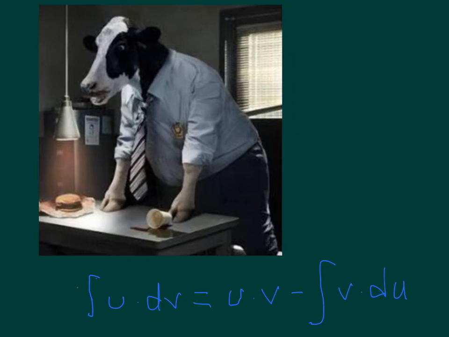Entonces lo que los va a hacer acordar son las siguientes letras. Un día vi una vaca vestida de uniforme. Entonces todo lo que tienen que acordarse es de esta imagen para recordar la fórmula de integration by parts.